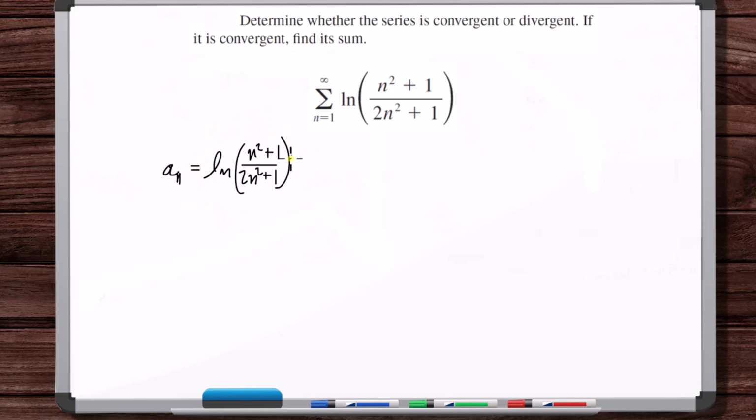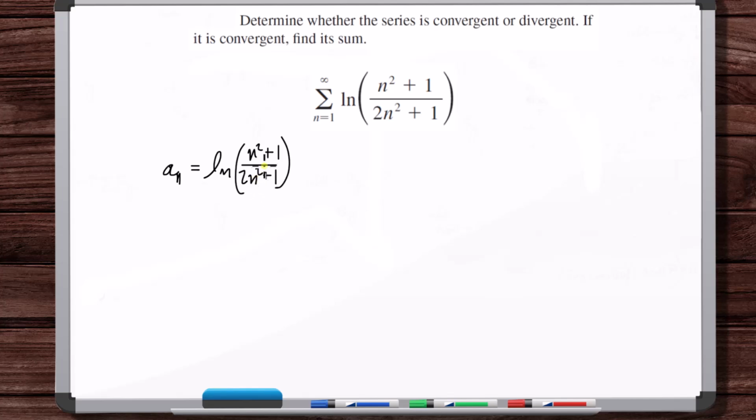We learned how to analyze sequences for convergence or divergence in the previous section. So what we can do is take the limit. We can look at this as a function applied to an a sub n, where this is the a sub n inside the natural log.